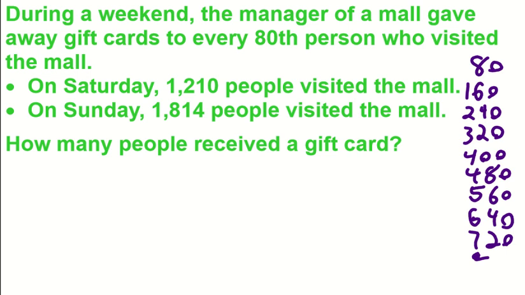All right, so we're dividing and we're adding, okay? You got to do both in this problem. If you divide first, you got to divide twice. So you could do the 1,210 divided by 80 and the 1,814 divided by 80, and then add your two answers together. So that's one way you could do it.